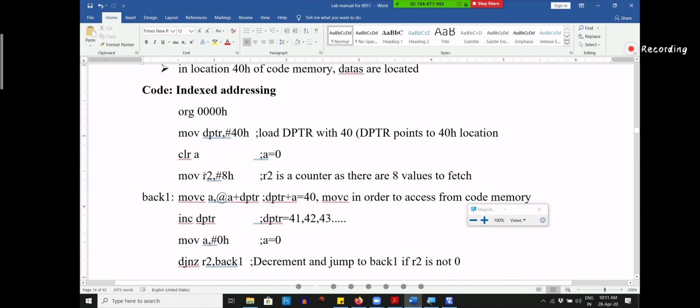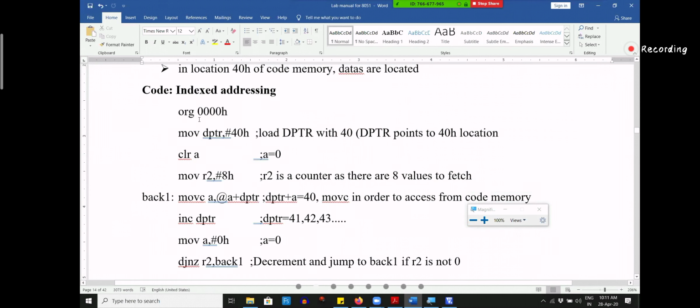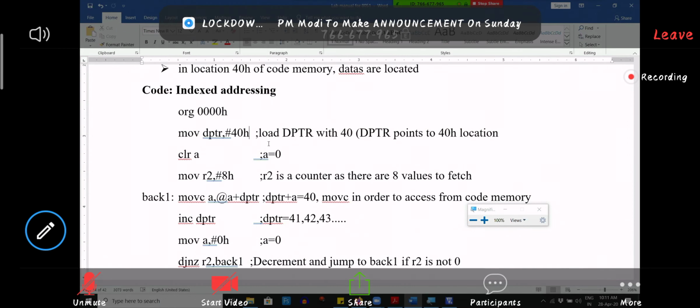Now let's see how to use this lookup table. MOV DPTR, #40h. Is 40h a location or data? It's a value.